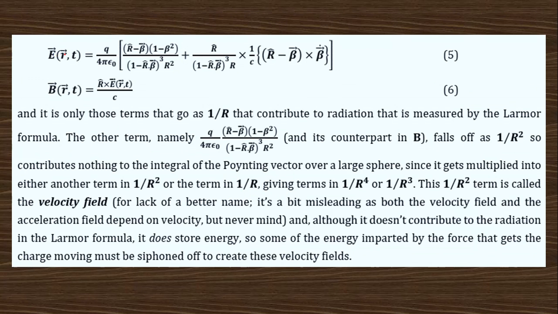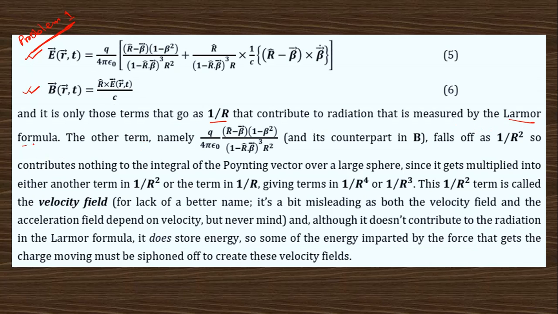The electric field and the magnetic field of the charged particle were obtained in problem number 1, where you got the expressions of the electric field and the magnetic field. It is not only the 1 by r term that contributes to radiation in Larmor's formula. Larmor formula is the non-relativistic case.